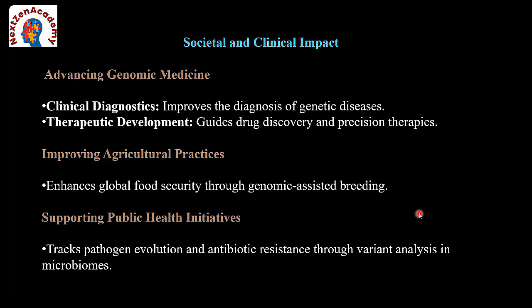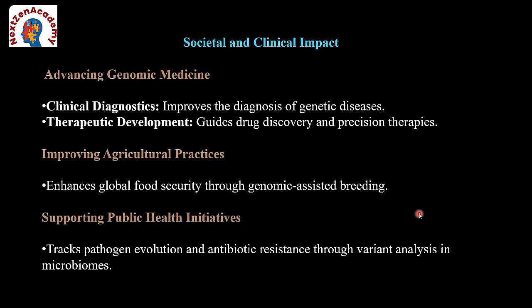and how it is clinically or socially impacted. For example, if you are working on advancing genomic medicine, the first two or three applications are clinical diagnosis and therapeutic development.